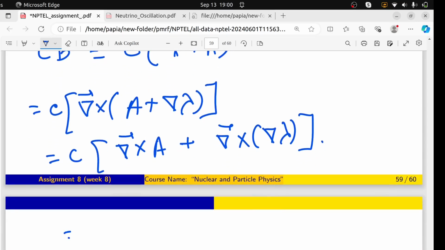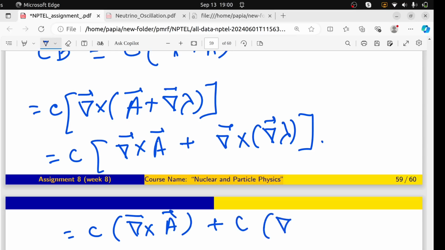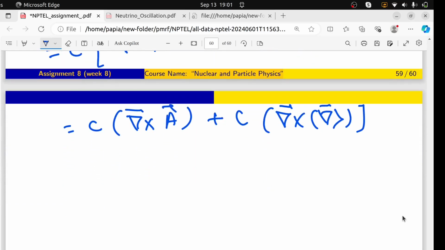Now C curl of A plus C curl of grad lambda. So curl of grad lambda is how much? That is 0. So it will be simply curl of A.